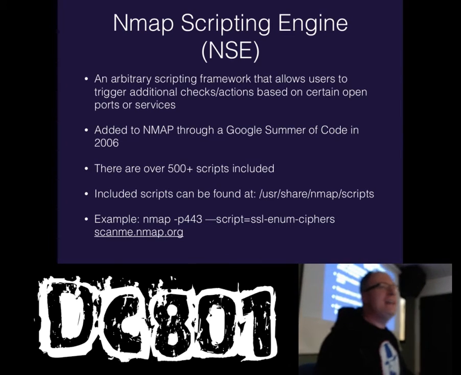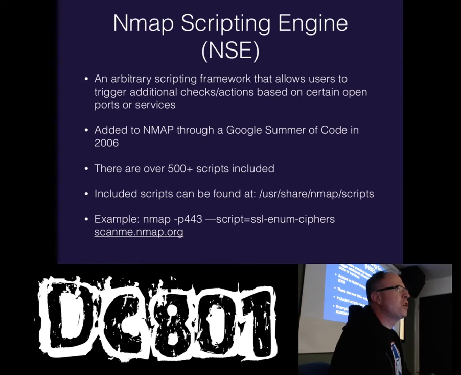So, the scripting engine basically allows you to put in some code and extend the functionality. It's been with us about 10 years. Thank you, Google Summer of Code, because they added all that functionality during that time. There are a lot of scripts. You can write your own, and we will show you some scripts, and one I wrote to solve a problem for me at work.